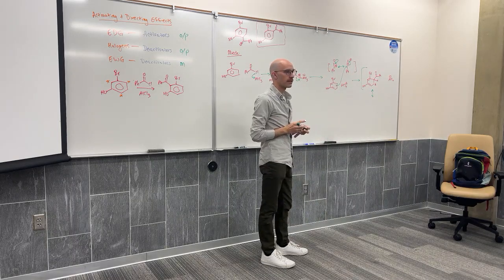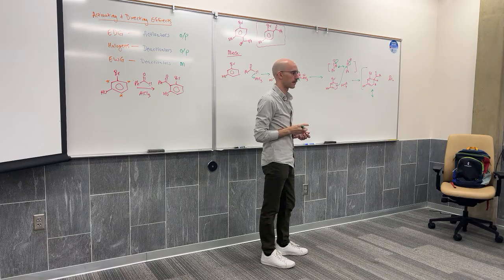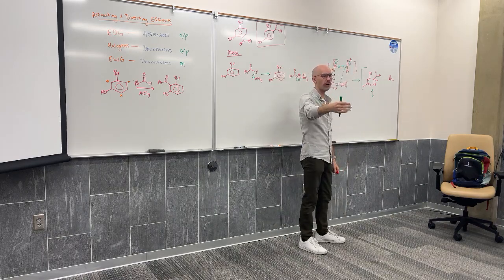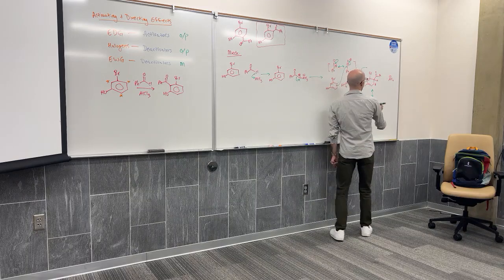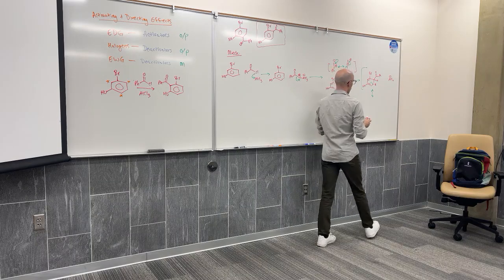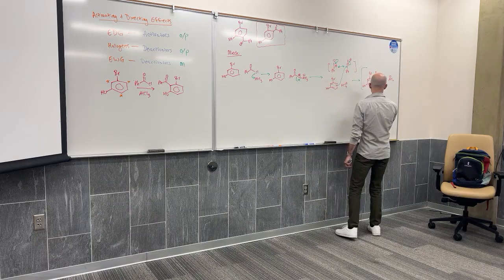There's a lot of different ways to show the arrow pushing here. But I'm going to try to go just about one arrow at a time. High electron density to low electron density. My carbocation is the low electron density.